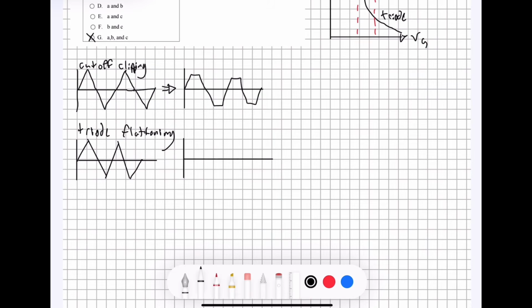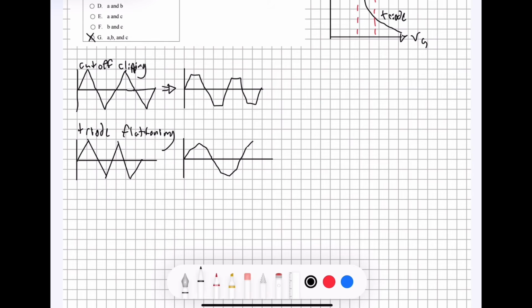Triode flattening occurs in a way that the slope of your waveform is going to be decreased in magnitude. So instead of having straight lines like this that are equal to the slope, you're going to have partially a straight line, but then the slope is going to decrease, and the amplitude of your waveform isn't going to be quite as high as it was without the triode flattening.